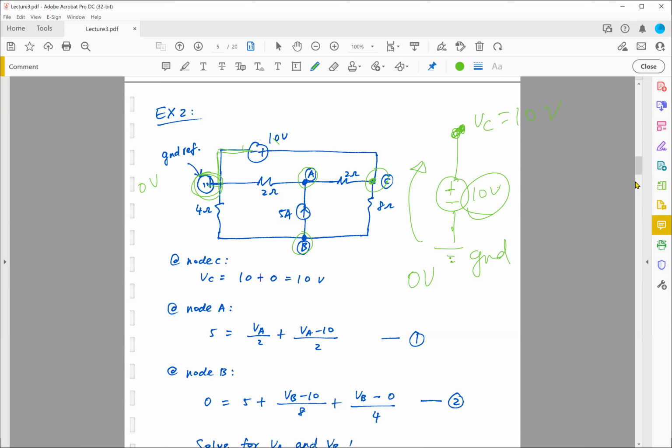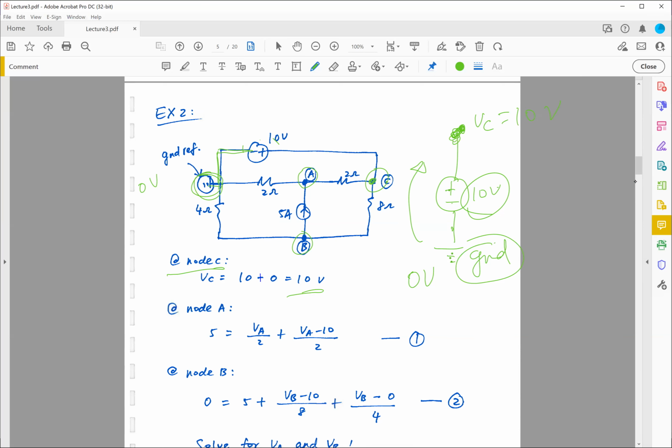So at node C, VC is simply equal to 10 plus 0, or 0 plus 10, which is 10 volts, and this can be done by inspection. Again, this is my ground node, rise up by 10 volts, VC is equal to 10. Alternatively, you can also show it the other way around.